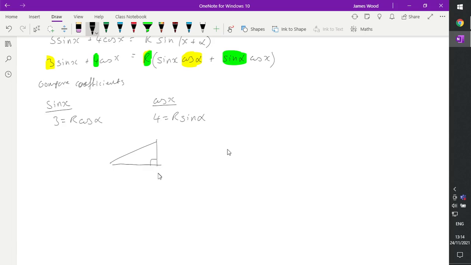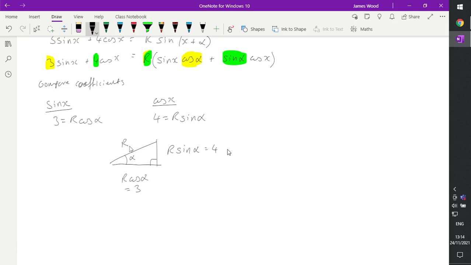If this is r here, and this is angle alpha, then this one here, which is opposite the angle, is r sine alpha, which we know is 4. This one here, the adjacent, would be r cos alpha, which we know is 3. And now using this diagram, I can solve to find r and to find alpha.